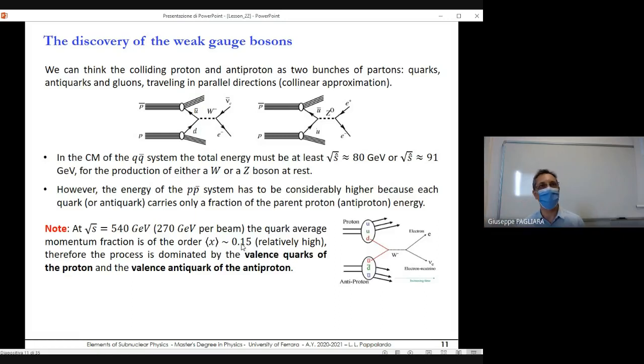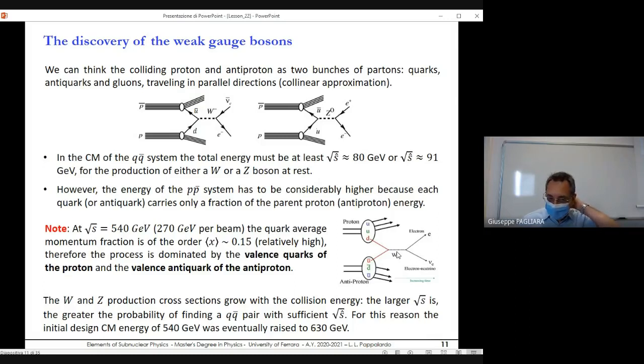Okay, if you remember, valence quarks correspond to high X, and sea quarks and gluons to low X. Okay, this we studied recently. So essentially, at the center of mass energy of the Super Proton Synchrotron, the collision is mainly between valence quarks. So a d valence quark from the proton with the u-bar valence quark from the antiproton. Okay.